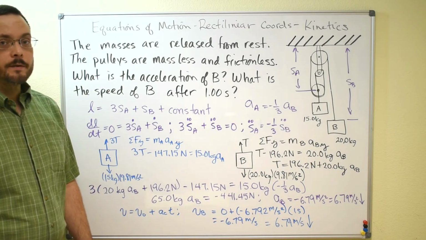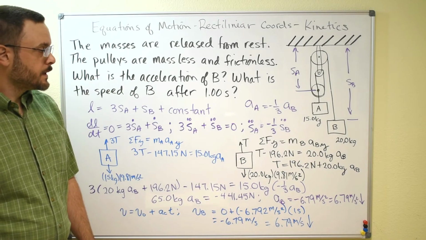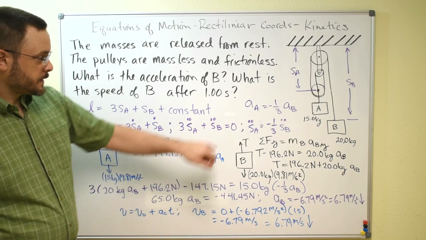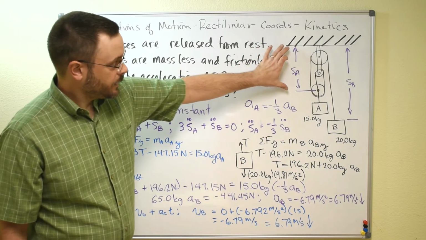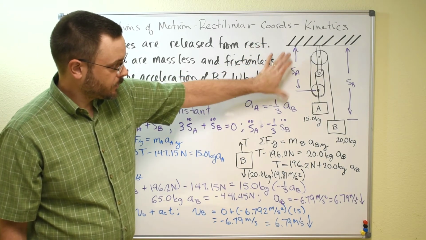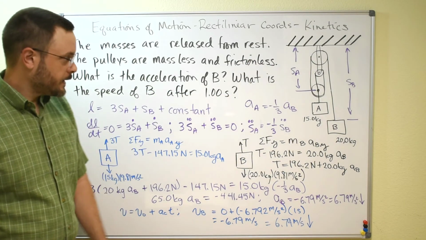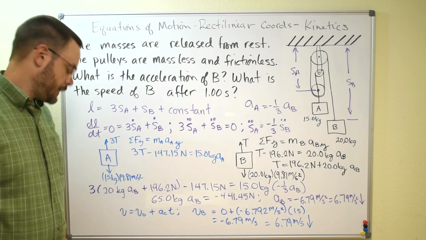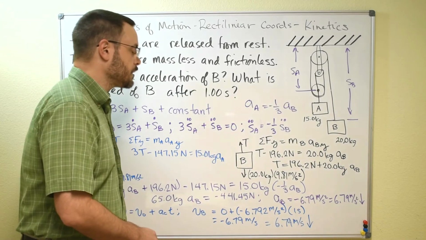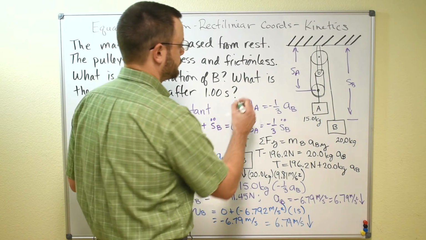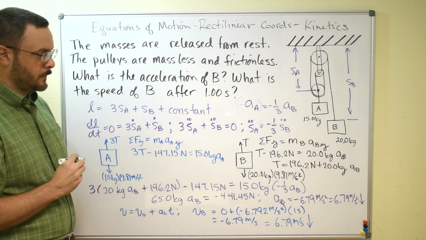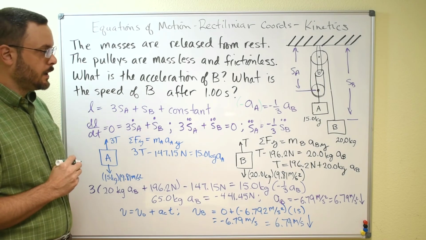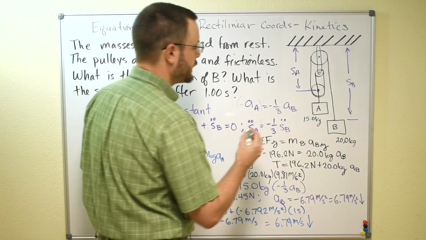Now we need to relate this to the accelerations. So we could see that the accelerations are going to have the same relation. If we look at SA, when SA is increasing, we're moving down. So that would be as if we're putting a negative sign in here and substituting AA for SA double dot.